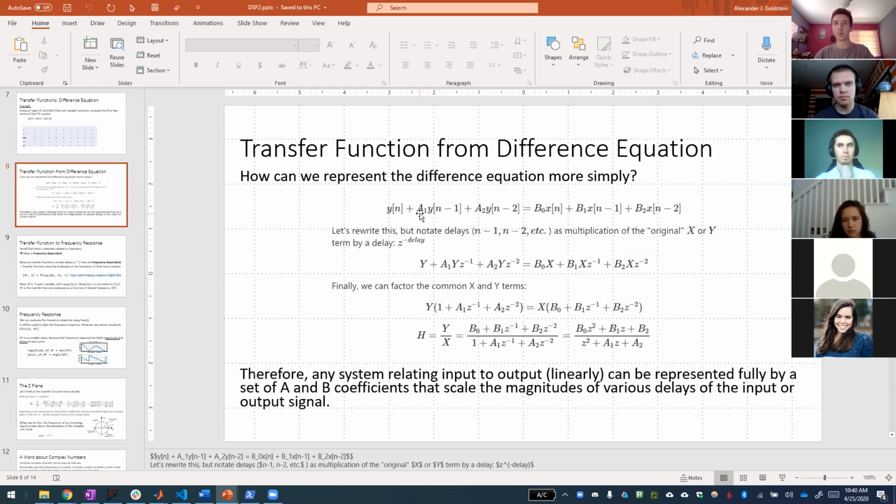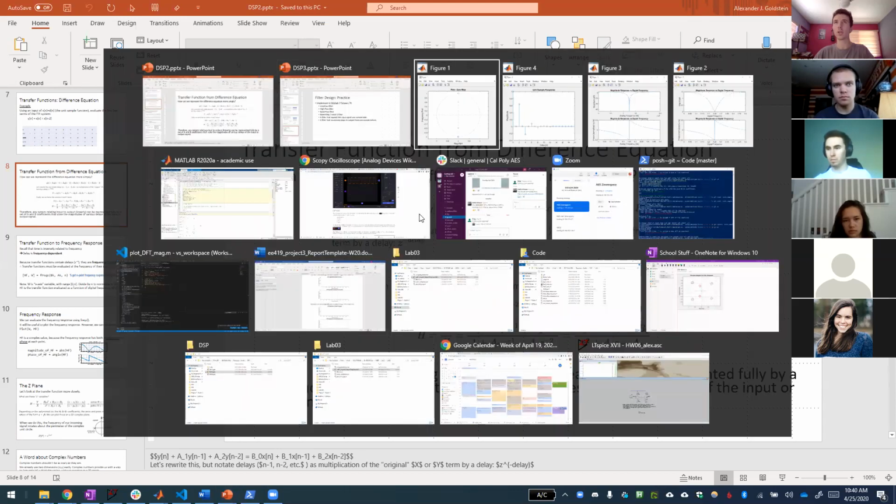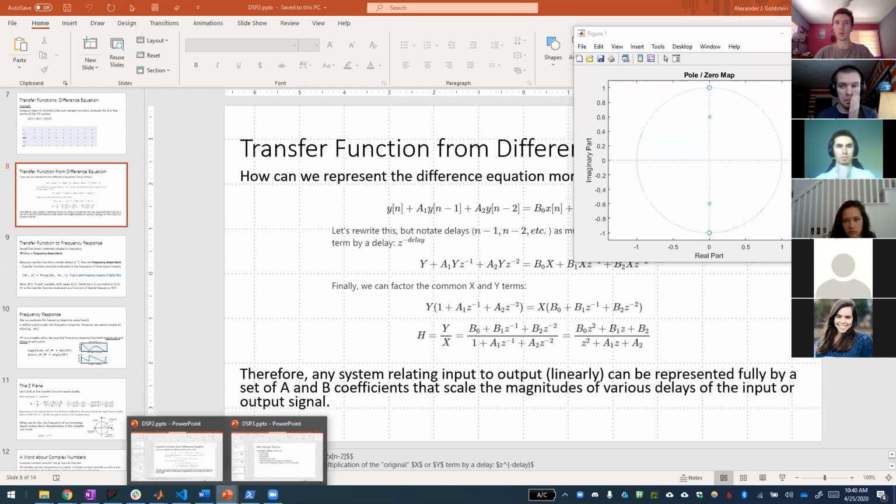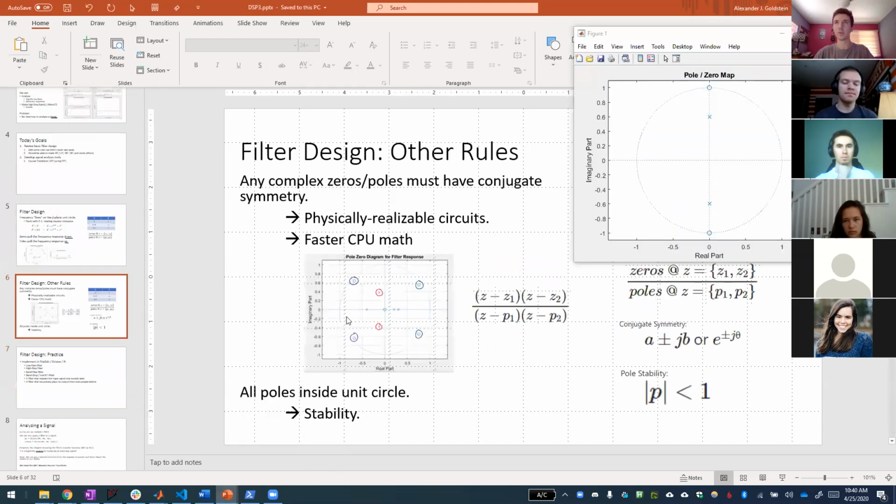Interesting note, if your poles are constrained so that they can't go outside of the unit circle, then that means there's a lot of flipping around. That means these poles, these terms, can't be greater than 1, right?